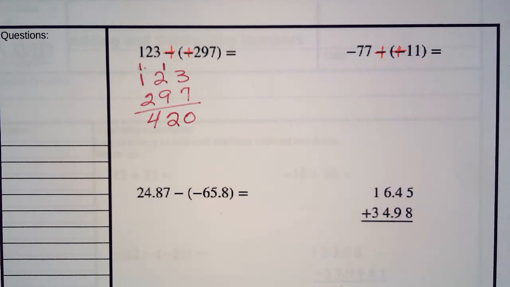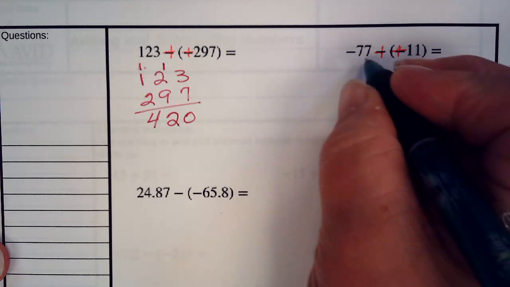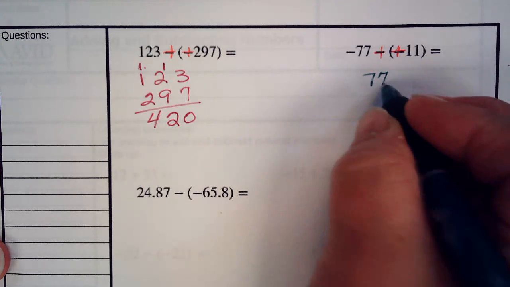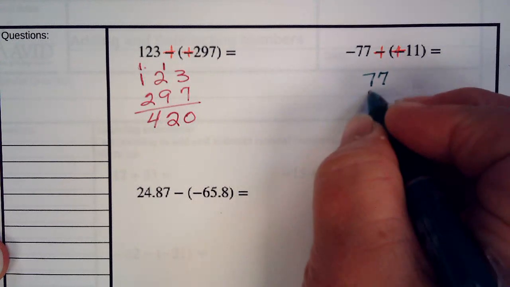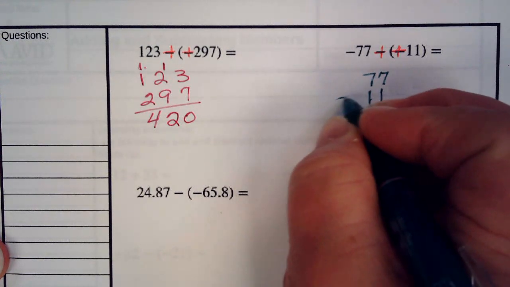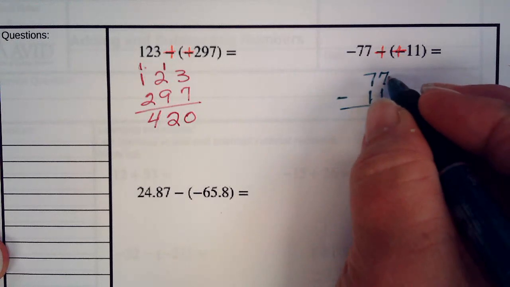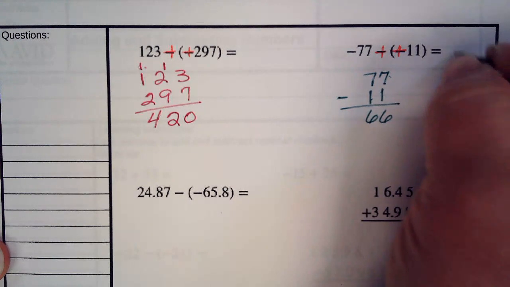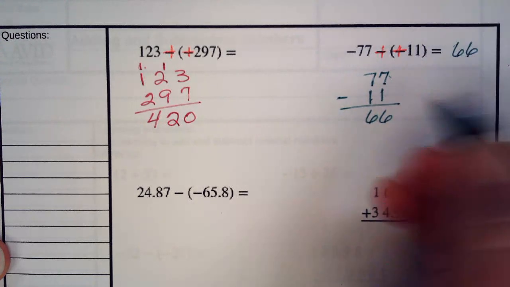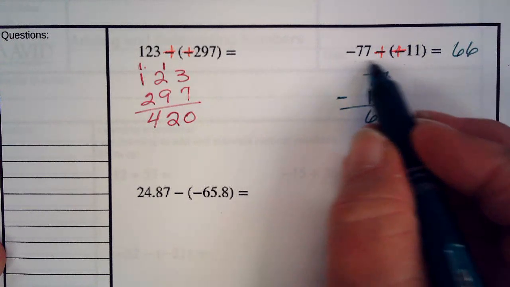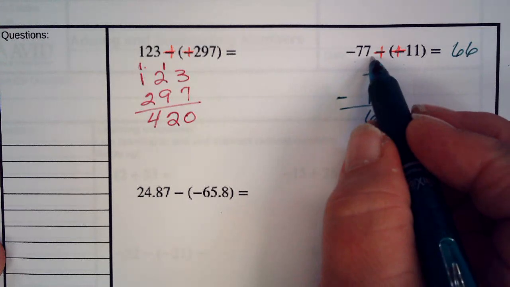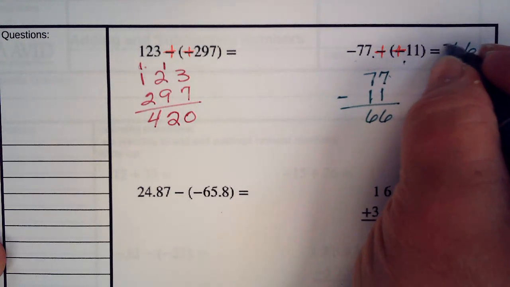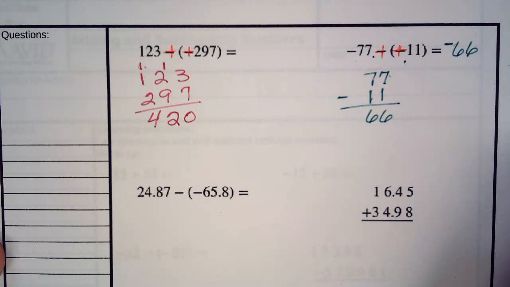Plus the positive, not minus the negative. 77 is negative. 11 is positive. I have to find their difference. 77 minus 11 gives me 66. I look back at my equation. 77 is greater than 11. So this must be a negative answer.